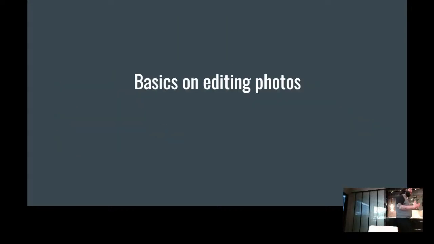So let's go through and talk about what it means to basic edit a photo, whether it's JPEG or RAW. What I want to make sure you understand is that the RAW file is going to have more information that you can get out of it than the standard JPEG.